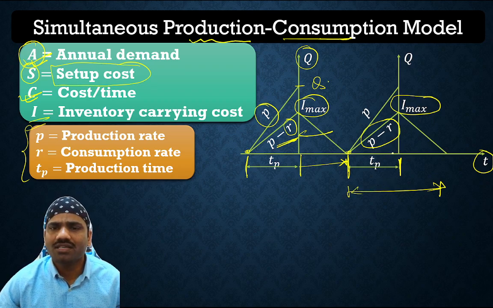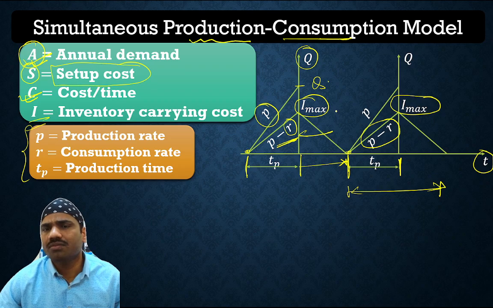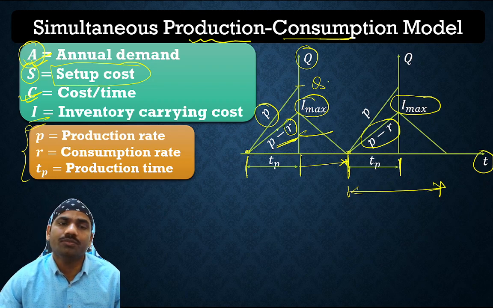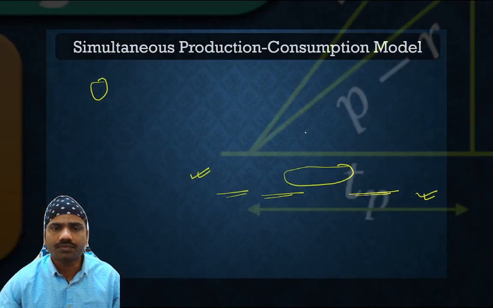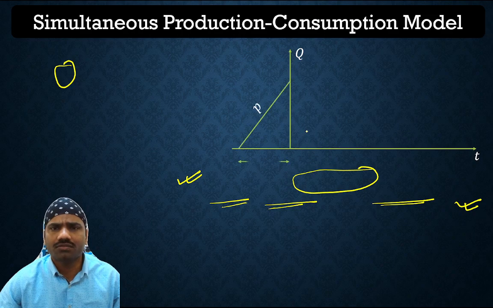This is a simple schematic plot between quantity and time. The maximum inventory is I max, which results from production minus consumption, P minus R.